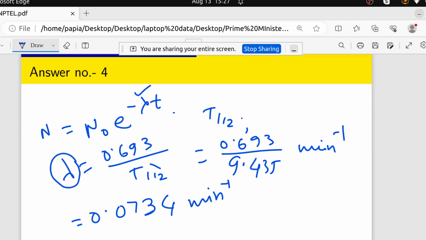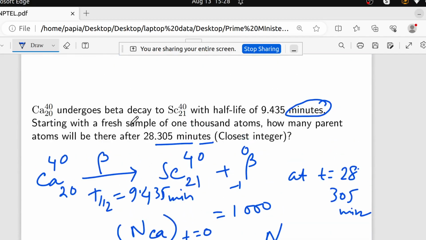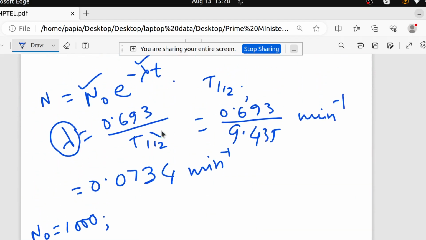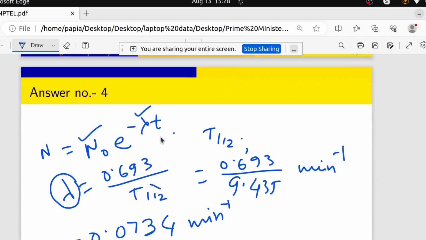Now lambda we have known, and N0 is also given. N0 is 1000 because it was shown that a fresh sample of 1000 atoms is given at the start. Now they have given a t value also. So what is the value of t here?